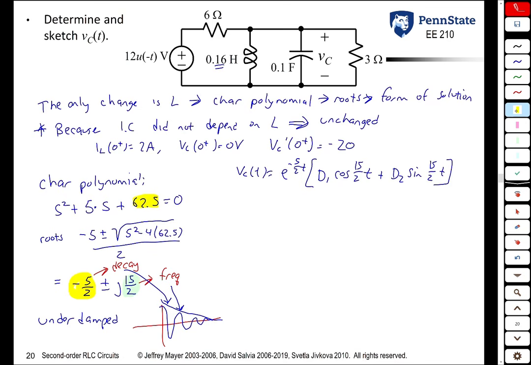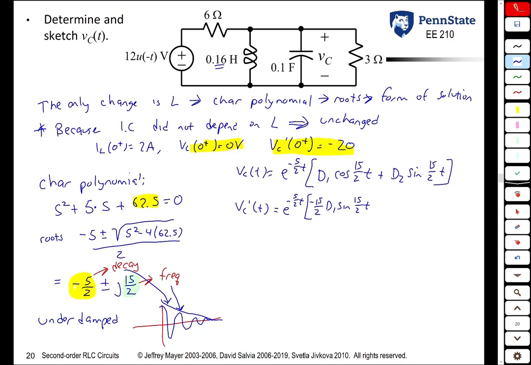To find d1 and d2, we need two initial conditions, which are unchanged from before, and we need two equations. So the second equation we need is vC'(t). Here, you have to think back to Math 140. The derivative of this expression is the first times the derivative of the second. The derivative of a cosine is a minus sign, and you bring out the frequency, so it's minus 15/2 d1 sine 15/2 t.